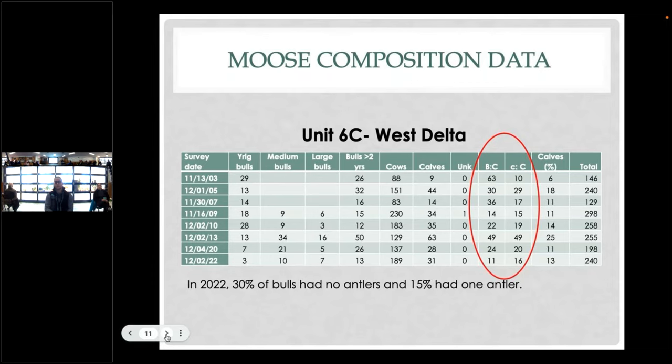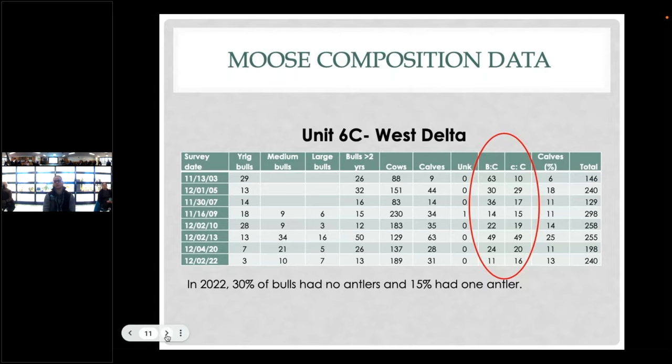This year when I went, I saw 11 bulls per 100 cows, 16 calves per 100 cows. But I think this result was really affected by early antler drops. So 30% of the bulls I saw had no antlers at all. I could see pedicle scars, a little red spot on the side of their head, and 15% had only one antler. Anytime you see this amount of antler drop, your chances of having misclassified a bull as a cow is very high.